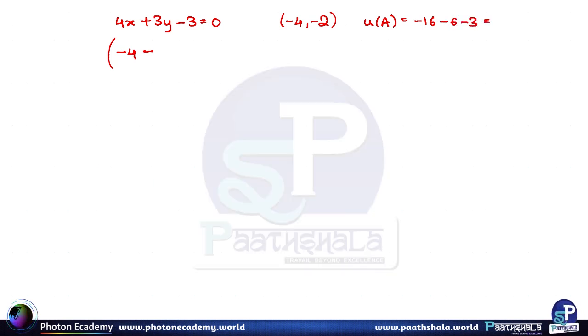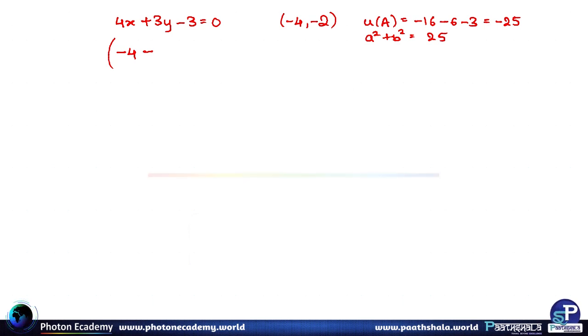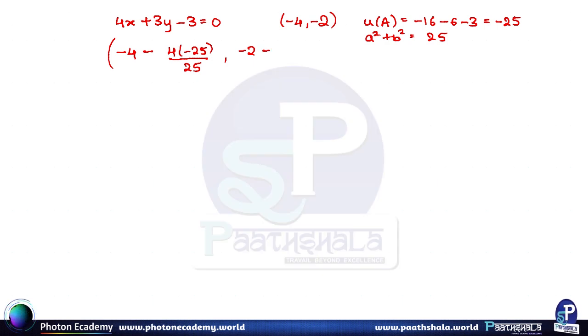So this will become -25. And also a square plus b square is equal to 25, that is 4 square plus 3 square. So we have -4 minus 4 times (-25 upon 25), and the next point is -2 minus 3 into (-25 upon 25).